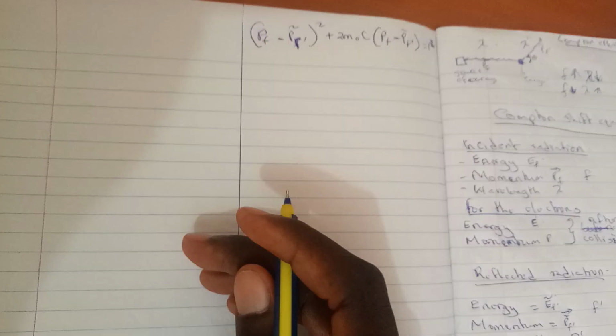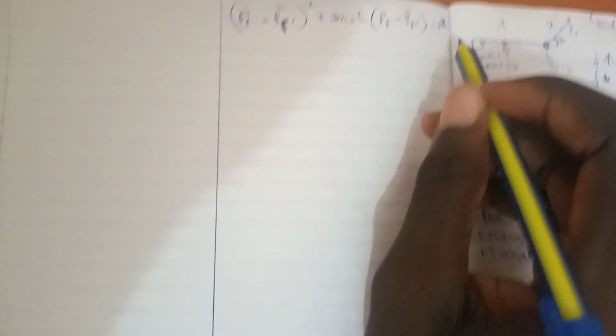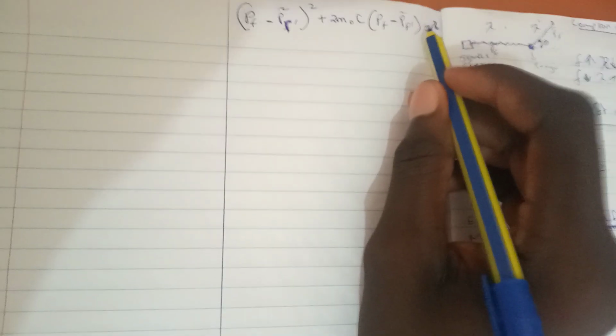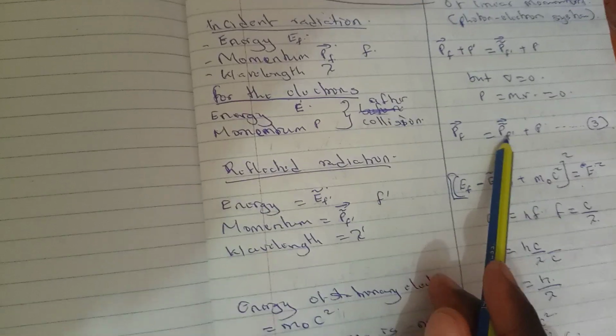Now, to eliminate P squared, we want to eliminate this one. We turn the momentum to what? Momentum in this equation. Where is that equation? In equation 3, we rearrange this equation and square it.